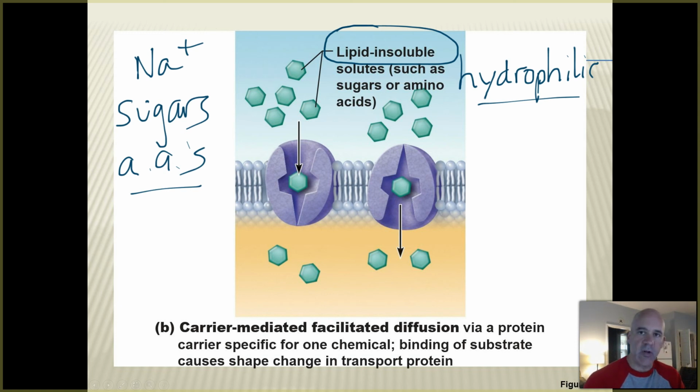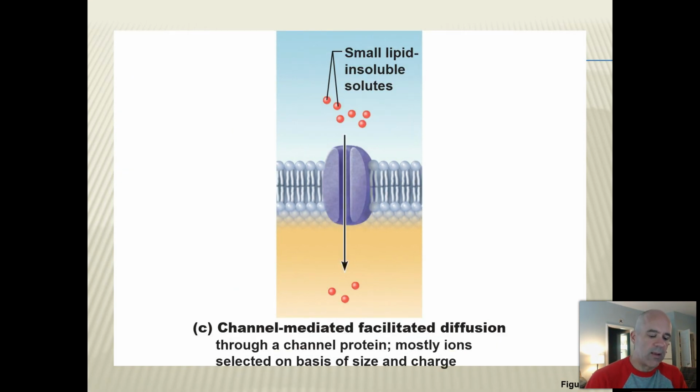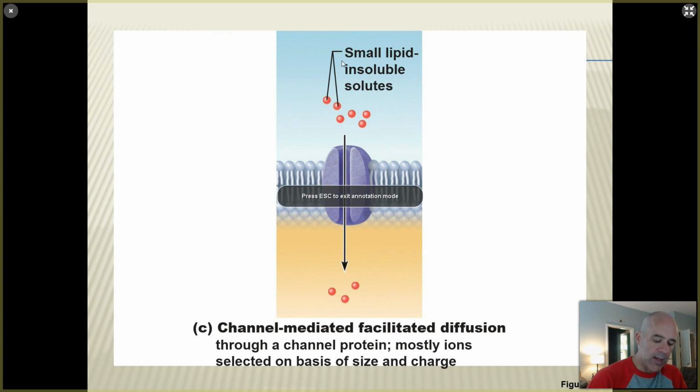If a carrier is used, and again the difference is a carrier is like a gate, it'll open up on one side and capture something and spit it out on the other side. That's called carrier-mediated facilitated diffusion. And if a channel is allowing some sort of small hydrophilic solute to move from one side to the other, that is called channel-mediated facilitated diffusion.